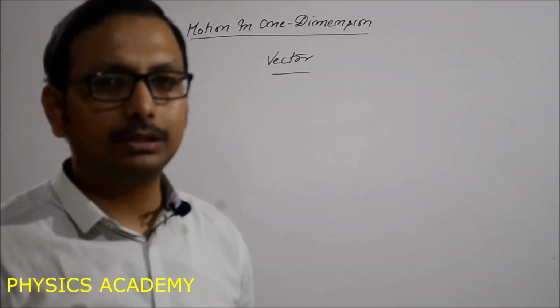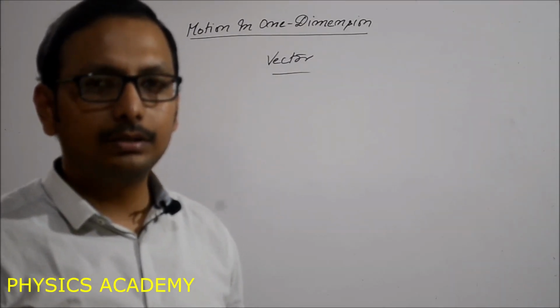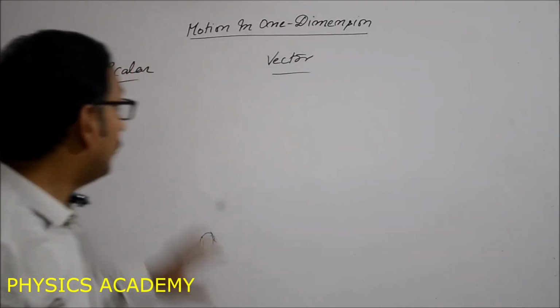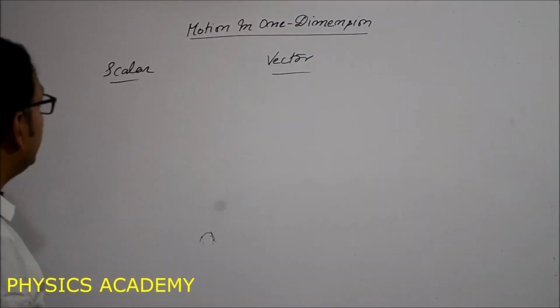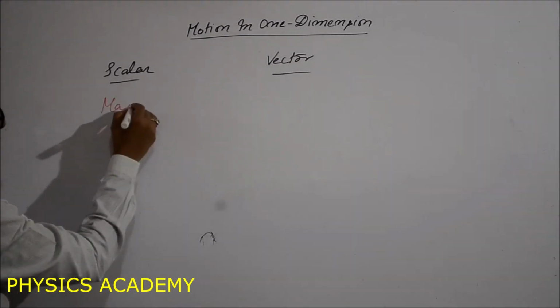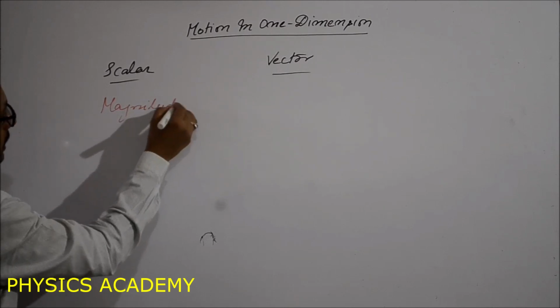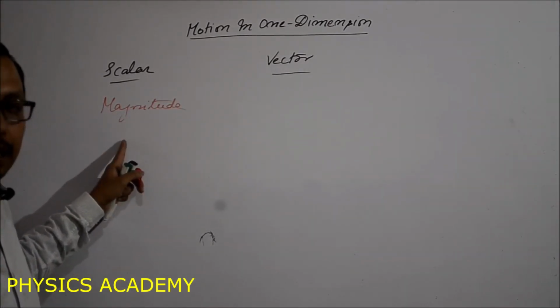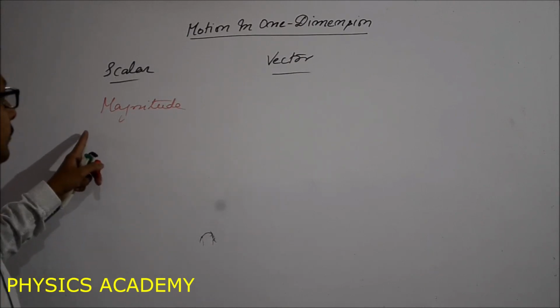Anything more that we have discussed? Please recall what I am telling. For scalar, the only requirement is magnitude. That means if a quantity only has magnitude, we will consider it a scalar quantity.